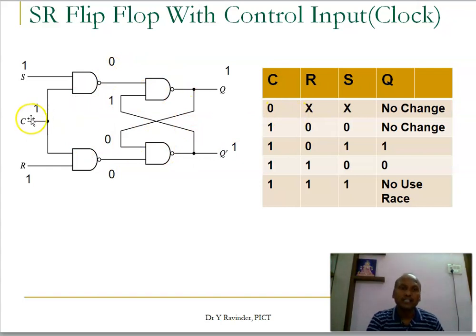So when this is 0, this is 1, this is 1. Both are 1s. It will depend upon the other inputs. So if this is 0, 0, 1, this will be 1 and 1, 1 will be 0. So it will not have any change.